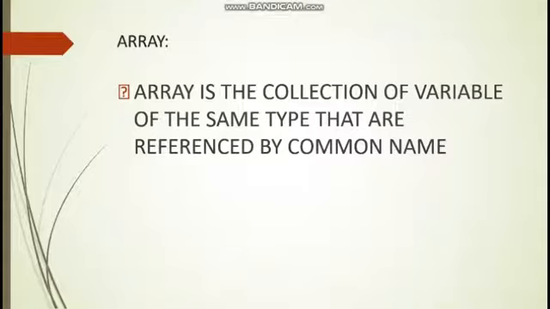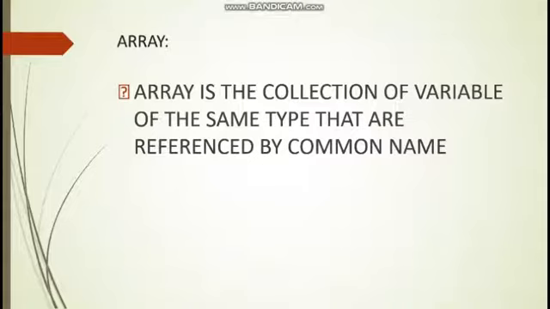If you have two examples, you may have some numbers like integers or strings, and that combination of strings is known as an array that is referenced by a common name.